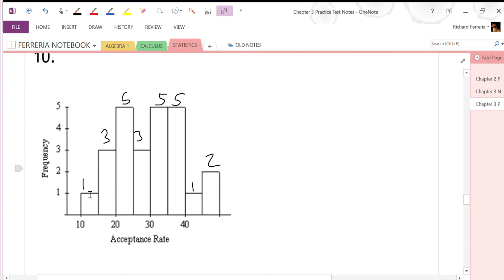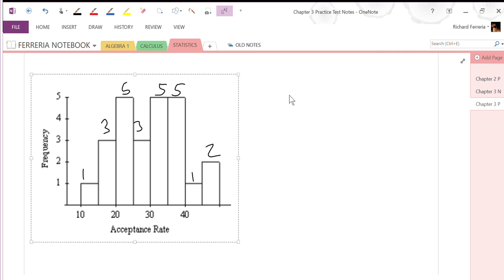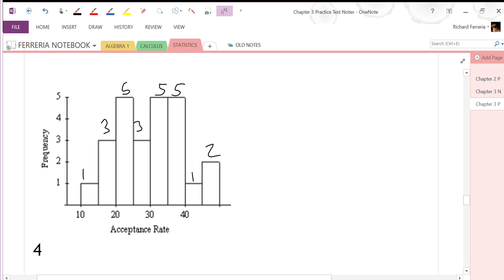Well, there's one school here, 3 schools here, so that's 4. 4 out of the 25, is it 25 schools? Yeah. 4 out of those 25 schools, so 4 out of 25. You can just divide it if you like. How come it won't let me type right here? I want to type right here. Oh well. 4 out of 25. So that's 16%. Is that okay?